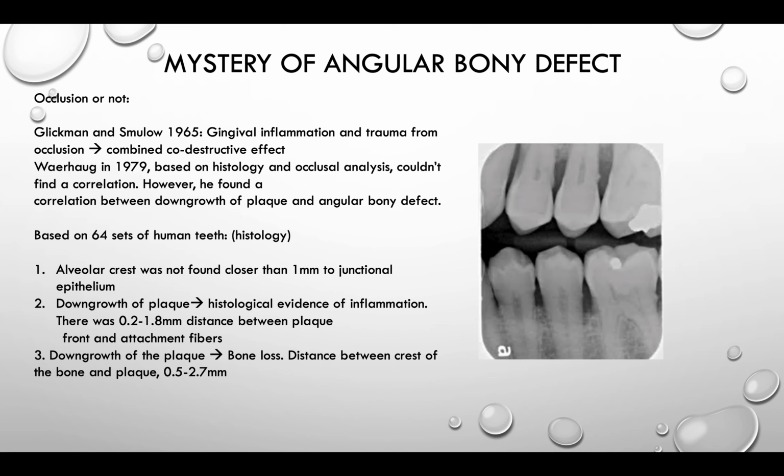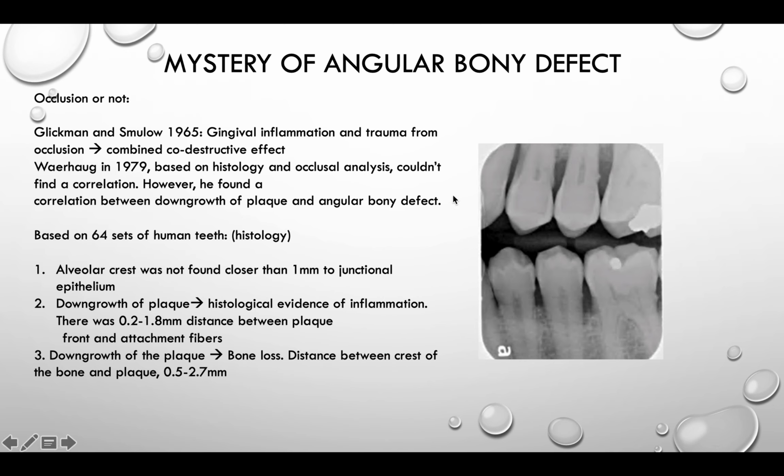It means there's a school of thought that believes the angular bony defect occurs when you have inflammation in the gingiva and also some traumatic occlusal forces. But Waerhaug in 1979, based on histology and occlusal analysis, couldn't find a correlation. However, he found a correlation between the downgrowth of the plaque and the angular bony defect.